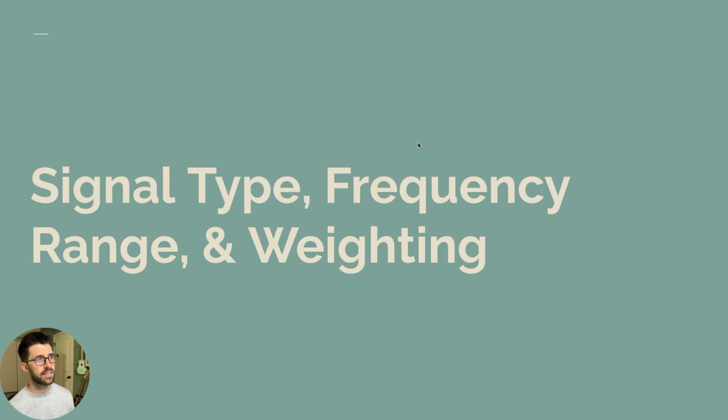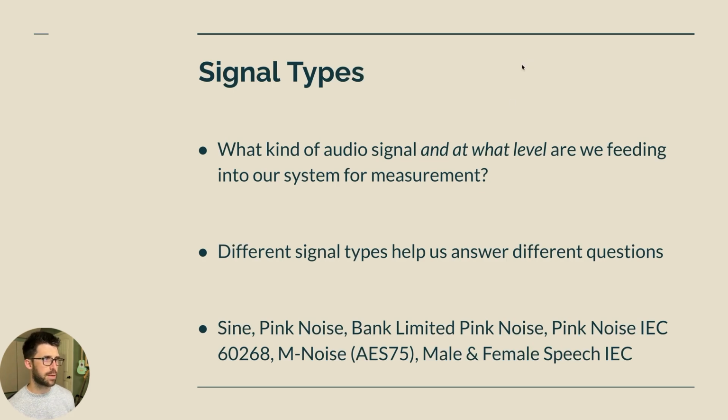Now let's move on to signal type, frequency range, and weighting. So with signal types, we're asking what kind of audio signal and at what level are we feeding into our system for measurement? We'll go over these different types. Different signal types help us answer different questions.